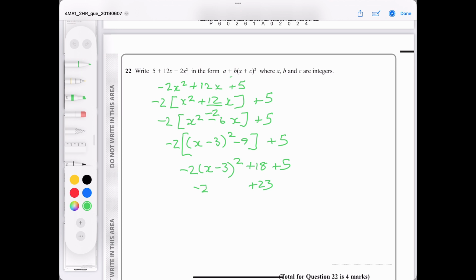So minus 2 times x minus 3 squared, and now we'll just put it the other way round, so it's 23 minus 2 times x minus 3 squared, and that is the answer.